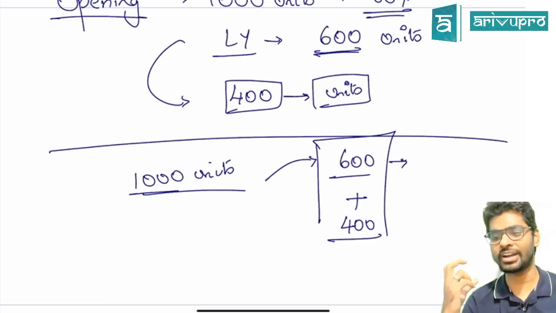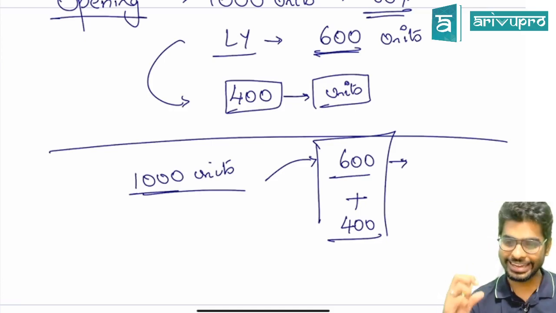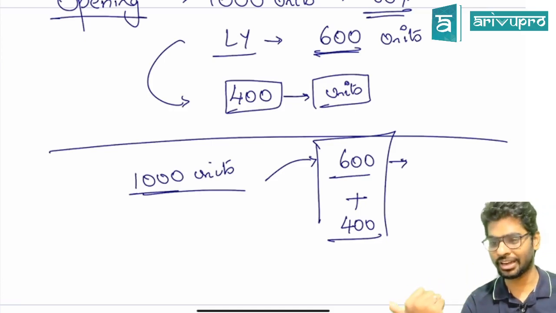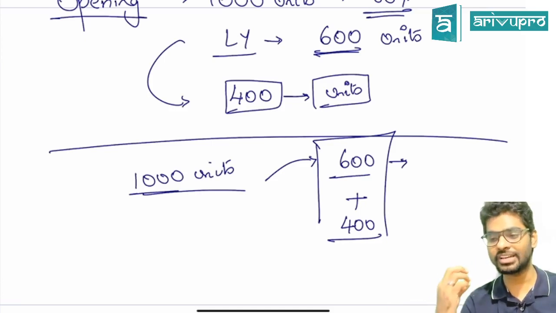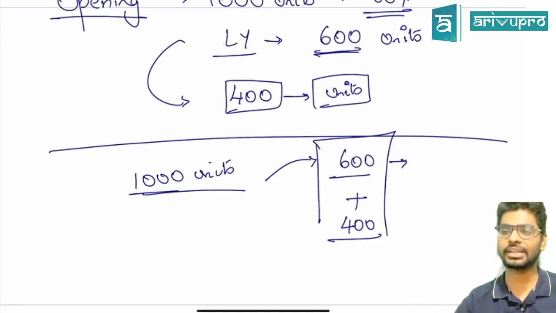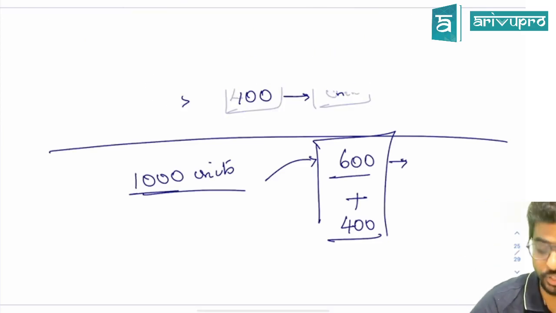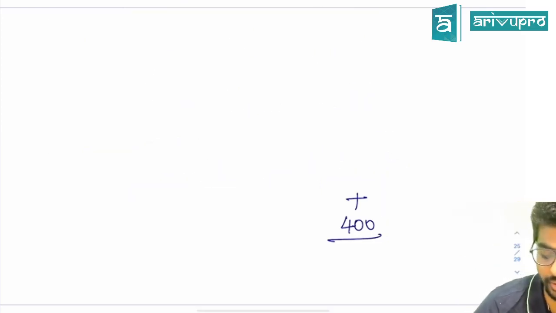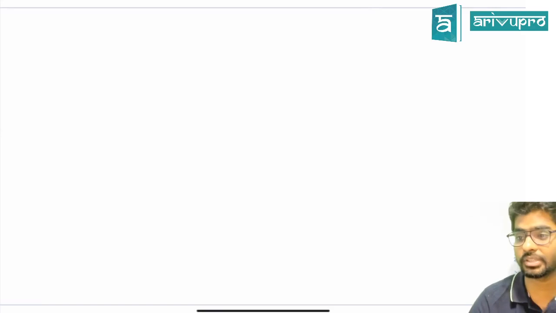Therefore, if I want to find the cost of 1000 units, I need to take an equivalent cost of the last year 600 plus a 400 units equivalent cost in the current year. Did you understand this? And which method am I talking about? I am talking of a method called FIFO. Please remember this. This is how it's going to get applicable.